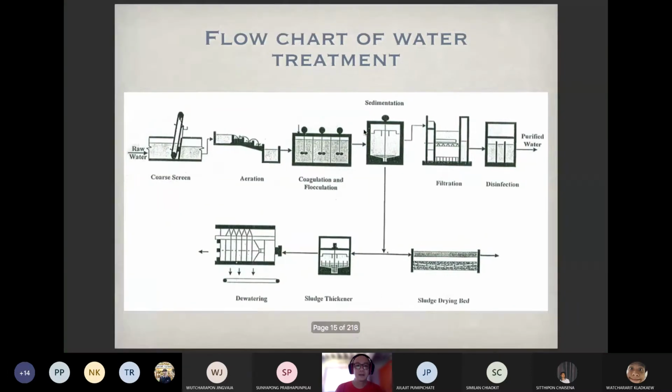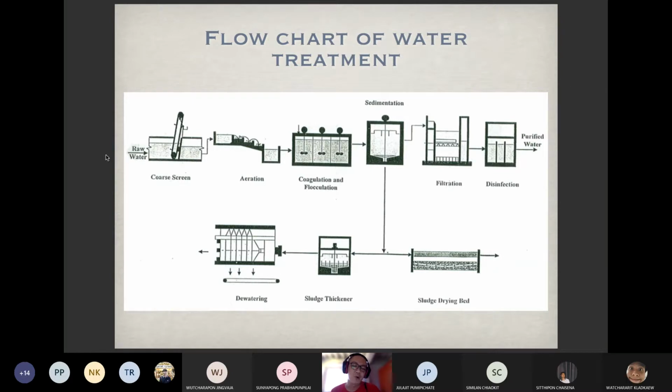The typical water treatment plant treating surface water to become tap water or drinking water. One of the processes that is commonly used is coagulation and flocculation. Coagulation and flocculation is somewhere in the middle of the process.